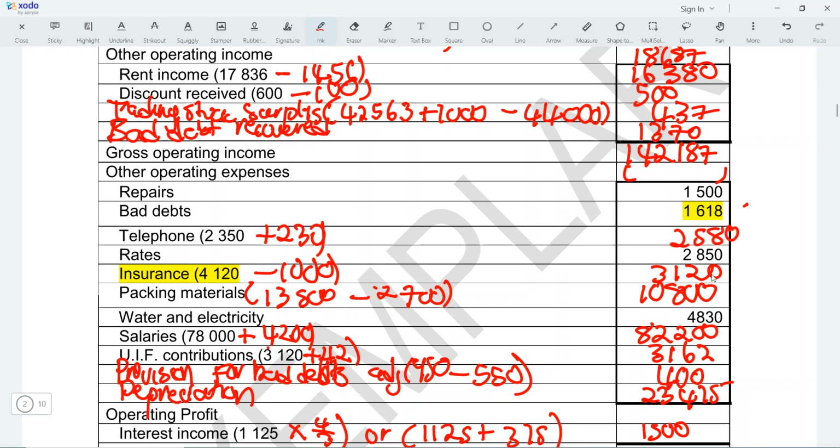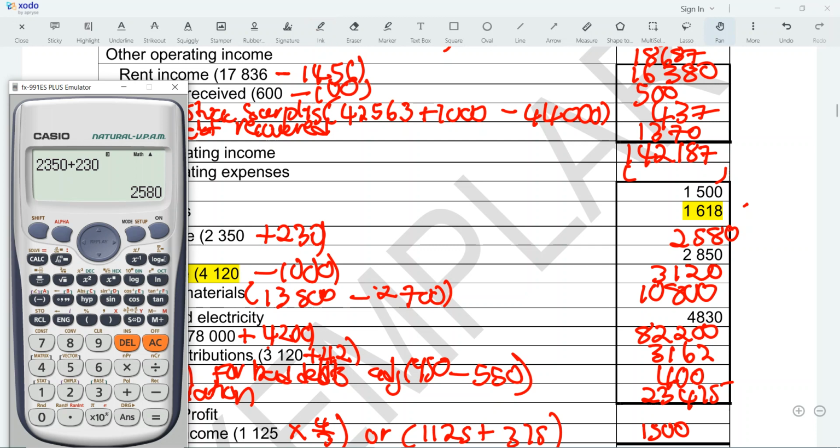So let's do that quickly. 1,500 plus 1,618 plus 2,800, 2,580 plus 2,850 plus 3,120 plus 10,800, sorry, 1,000, 1.5 plus 1,618 plus 2,580 plus, okay, let's say the answer plus, I forgot what I was adding.